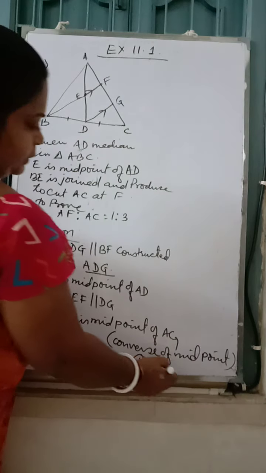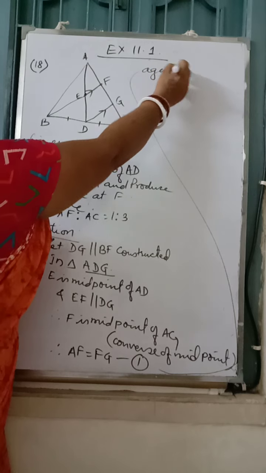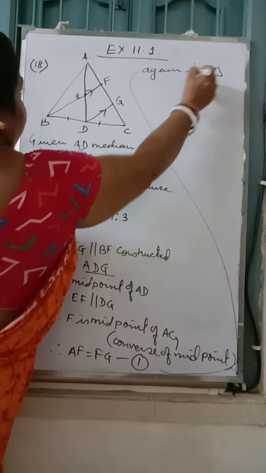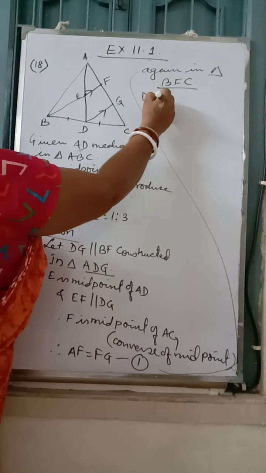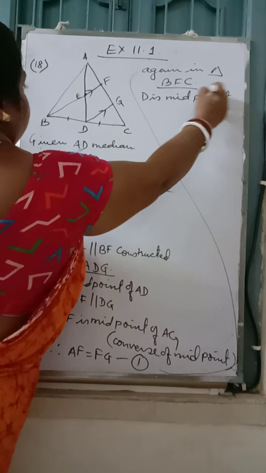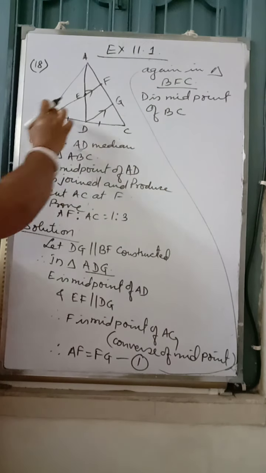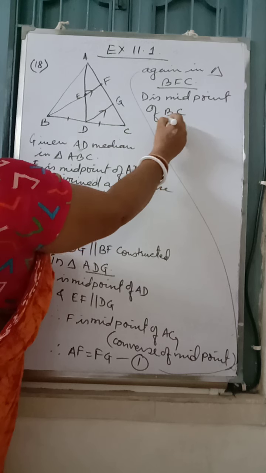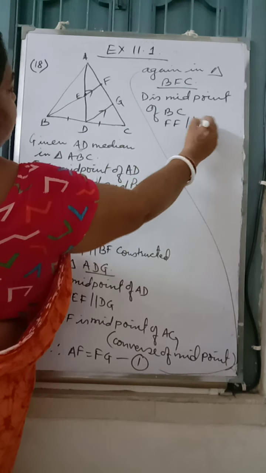Again, in triangle BFC, D is a midpoint of BC and BF is parallel to DG.